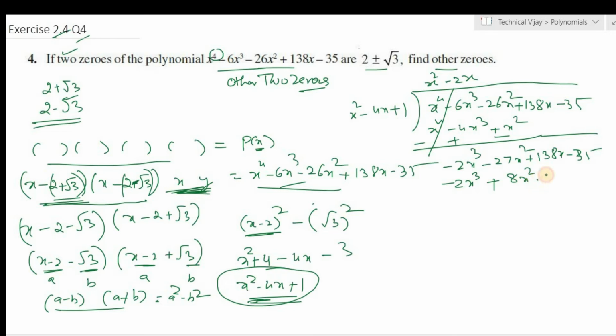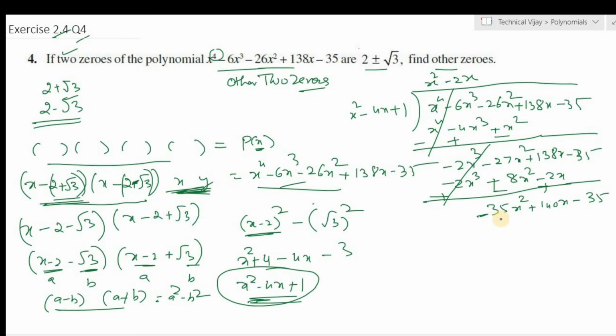Then minus 2x. So here plus minus plus. This gets cancelled. Minus 27 plus 8 is minus 35x square. Here plus plus, 138 plus 2 is 140x, minus 35 as it is.